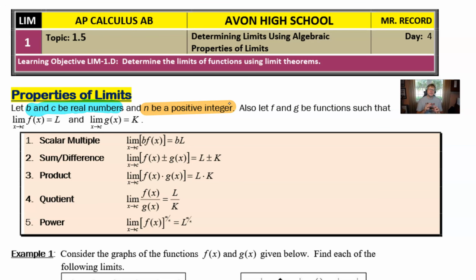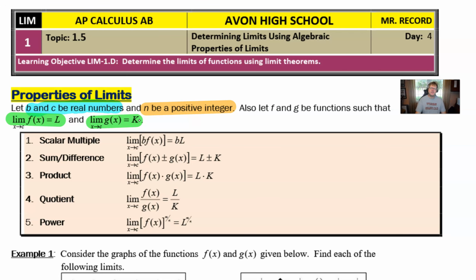We'll probably see why that's the case in a little bit. f and g are functions, but these two functions have something special going for them in that the limit of f of x, as x approaches c, is going to give you an answer of L. And let's say the limit of g of x as x approaches c is going to be k. So L and k are the two limits respectively.